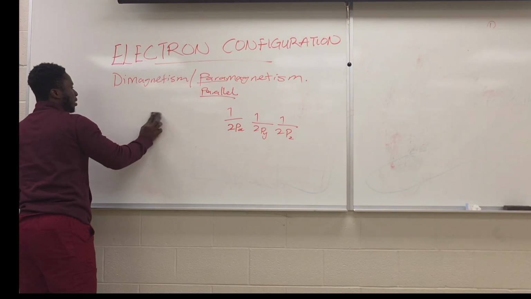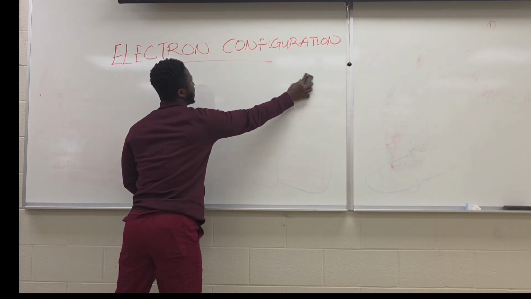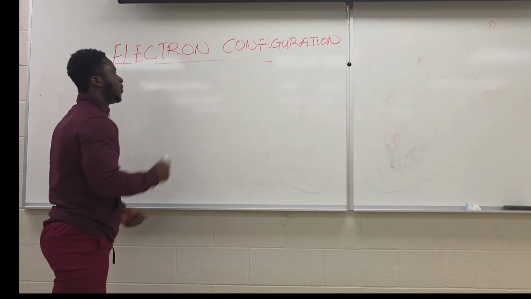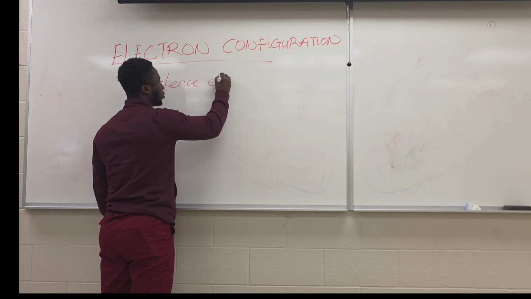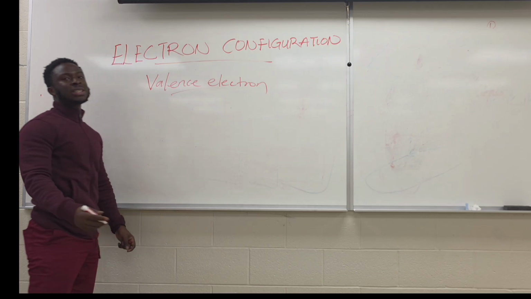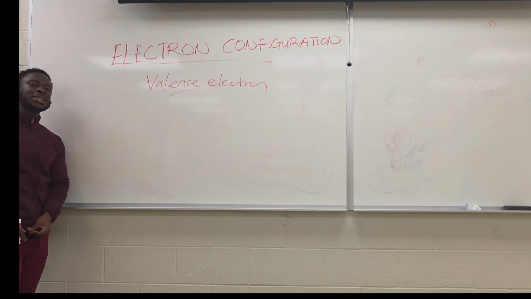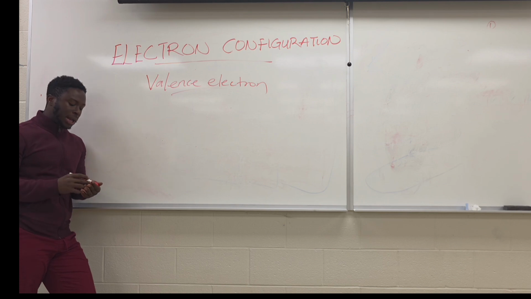And finally, last but not the least, to get this whole thing done: valence electrons. We all know, most of us have heard, what a valence electron is. A valence electron is the outermost electron that revolves around an atom.